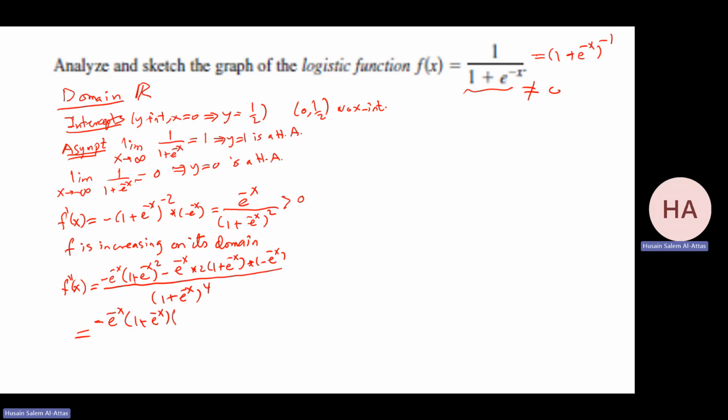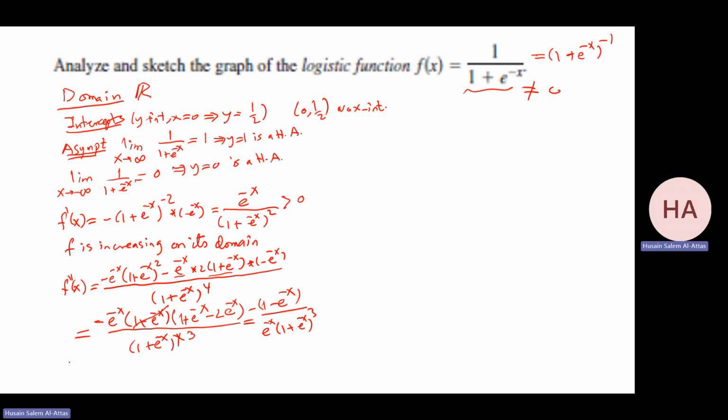The remaining is 1 plus e to the minus x, minus 2e to the minus x over this. As usual, I have 1 minus e to the minus x, with a minus sign, over e to the minus x times (1 plus e to the minus x) cubed.